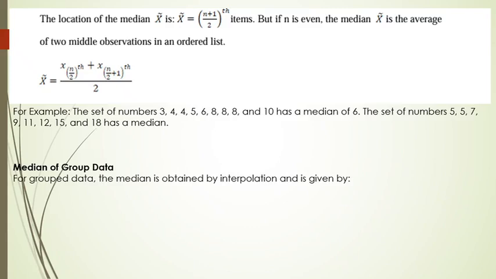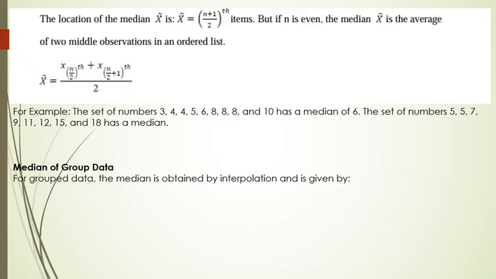From the example, you have 9 observations. So n plus 1 over 2 will be 9 plus 1 over 2, which is 10 over 2, which will give us 5. Then you can trace your fifth observation from the set of observations, the observation that falls in the fifth position after arranging in ascending order.